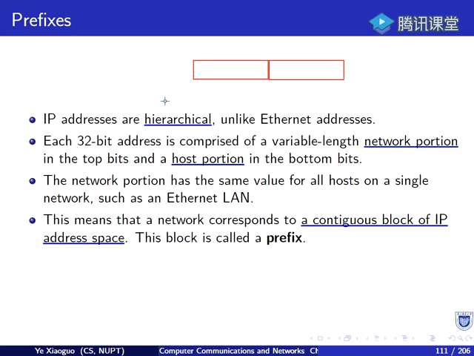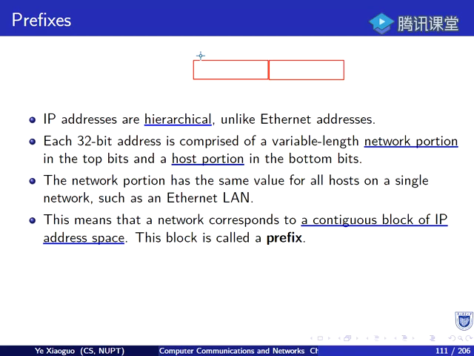The network portion has the same value for all hosts on a single network, such as an Ethernet LAN. This means that a network corresponds to a contiguous block of IP address space. This block is called a prefix.